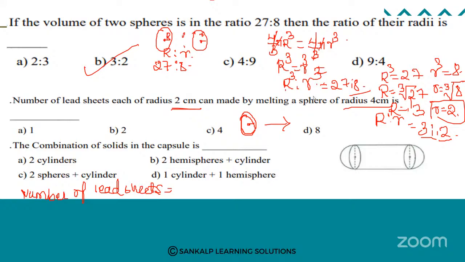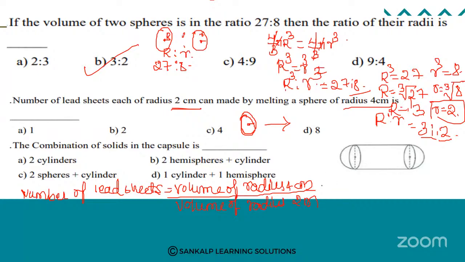The volume of the sphere of radius 4 centimeter, and the volume of the sphere of radius 2 centimeter.